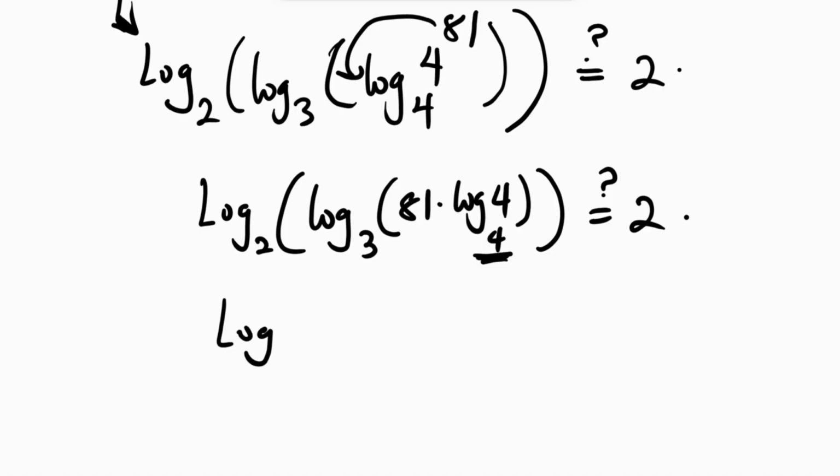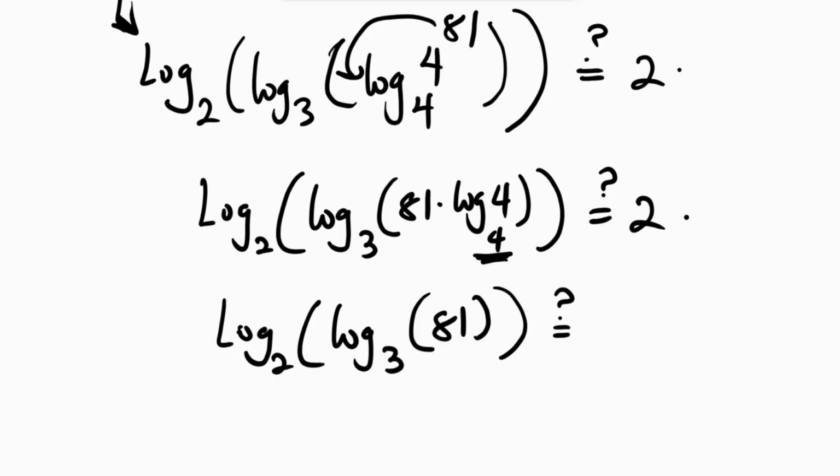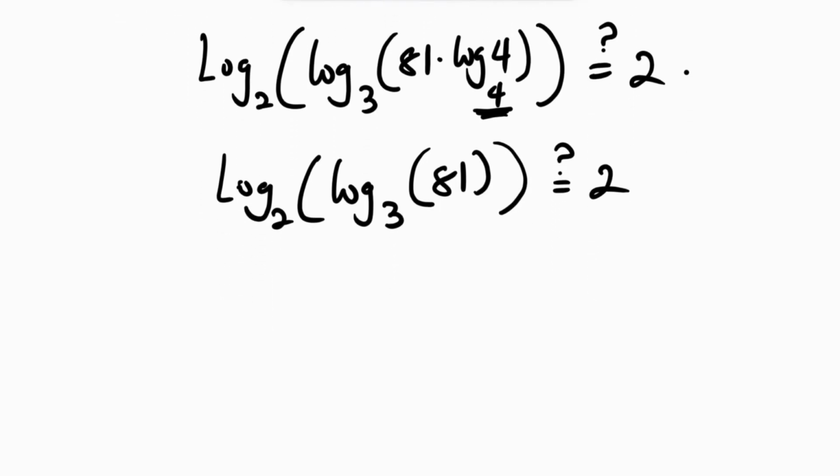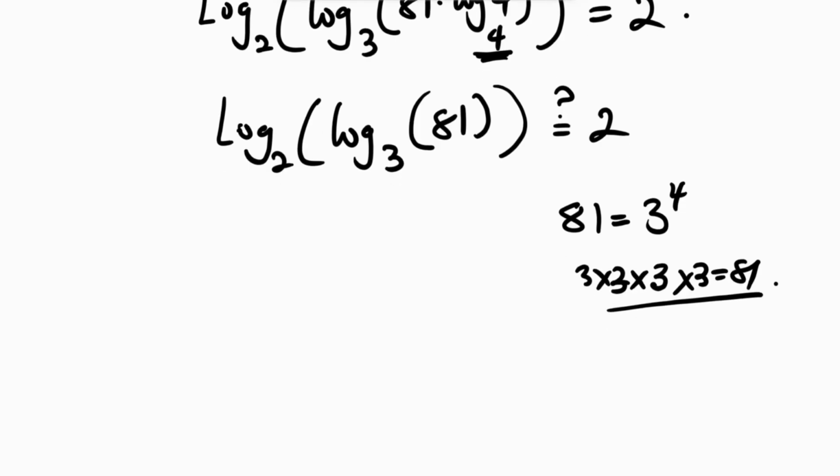So now we have log base 2, log base 3, 81. Okay. Now we know that 81 is the same thing as 3 raised to the power 4. So 3 times 3 is 9, 9 times 3 is 27, 27 times 3 is 81. So 3 raised to the power 4.